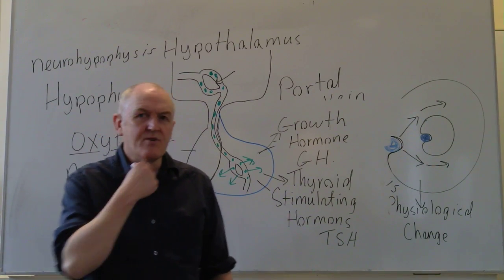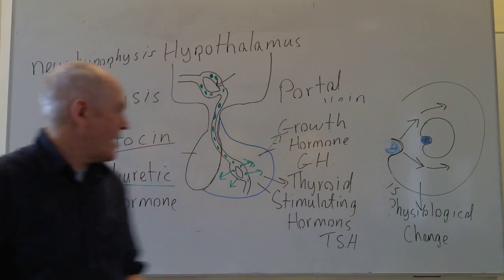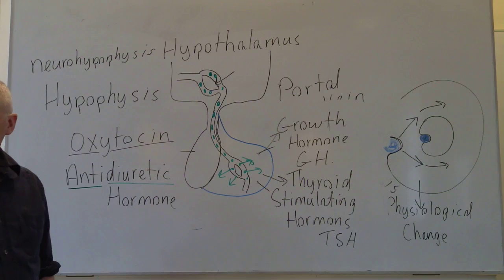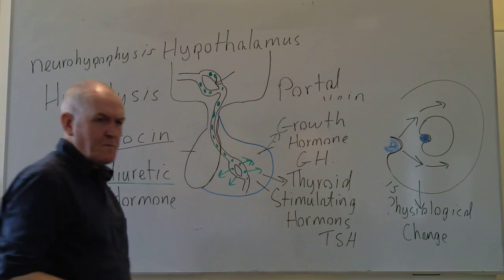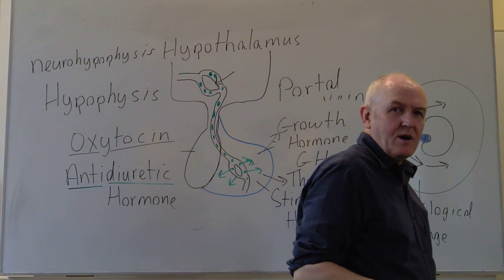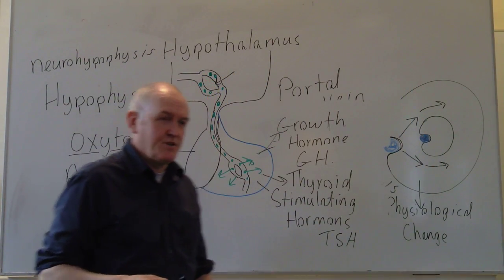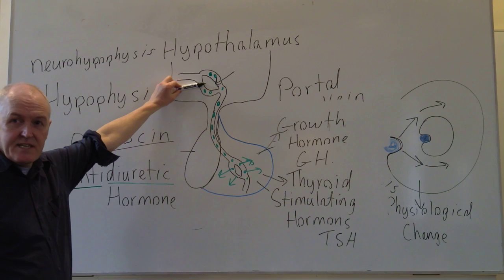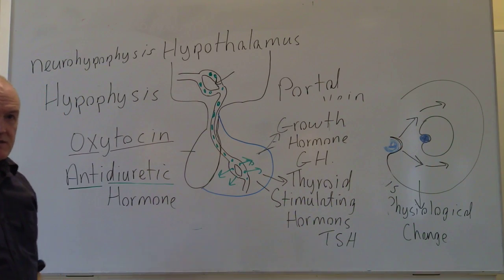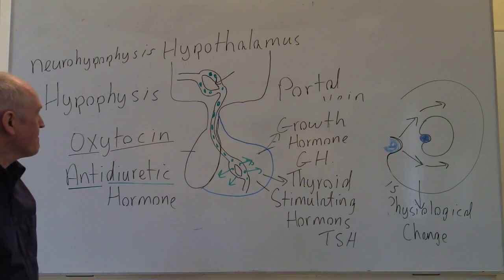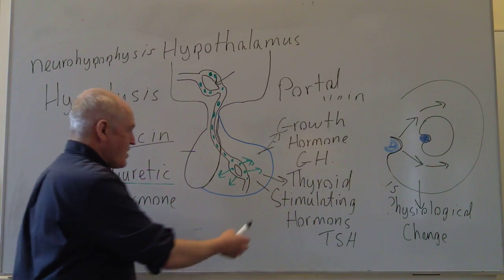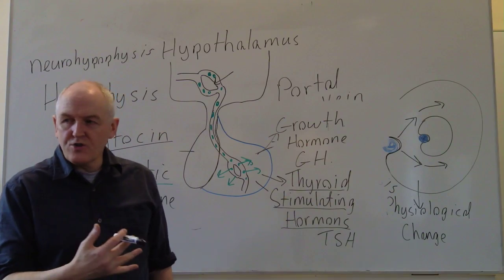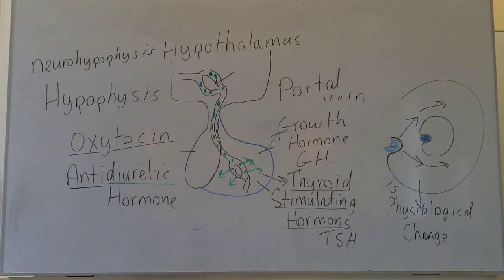The activity of the thyroid gland in the neck is controlled by the amount of thyroid stimulating hormone released by the adenohypophysis. The amount released by the anterior lobe of the pituitary gland is controlled by the amount of thyrotropin releasing hormone produced by the hypothalamus. So that's an example of a trophic hormone, because it is causing the thyroid gland to release its endocrine product.